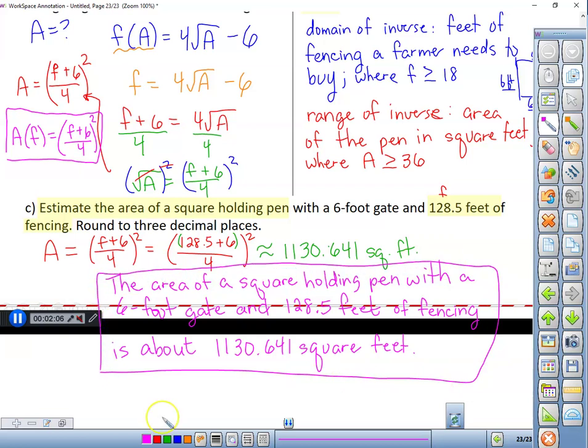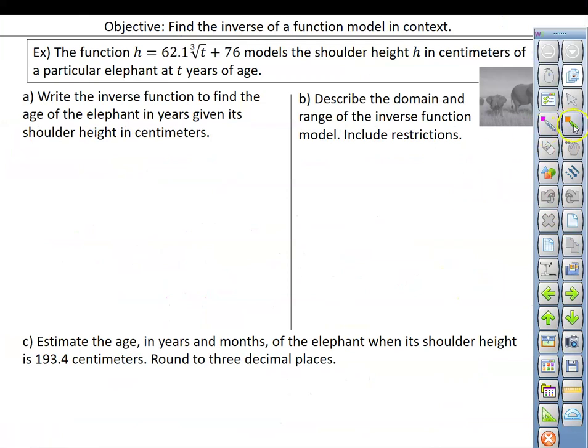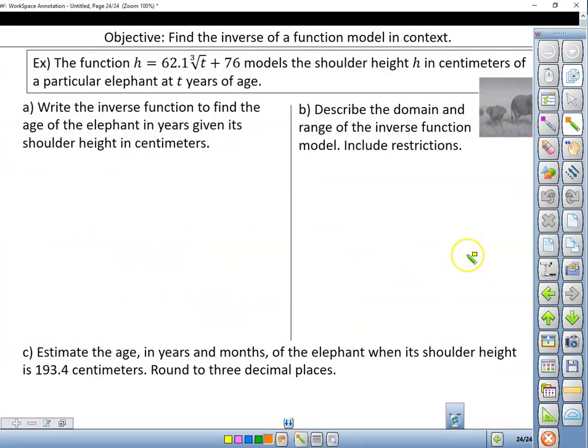All right, so that completes all the parts for the first example. Let's take a look at this second example now. So here it says the function h models the shoulder height h in centimeters of a particular elephant at t years of age.